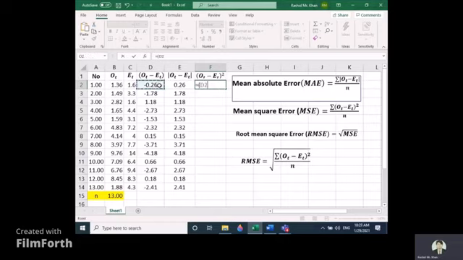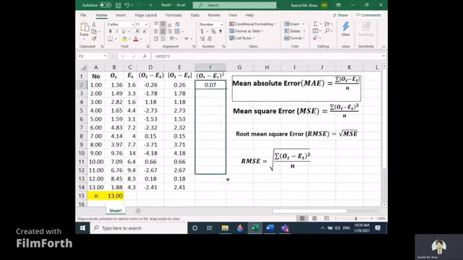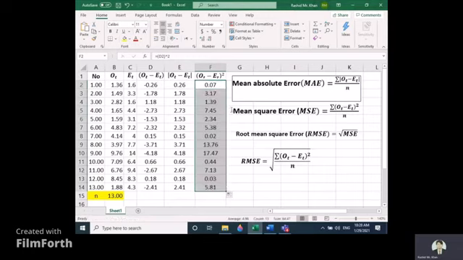So B2 minus C2, put another bracket and then shift to get the square. This is the formula to find the square. Click enter, 0.07, this is the square of minus 0.26. Now drag it down till the end, and it will provide all the square values of the observed minus expected values.